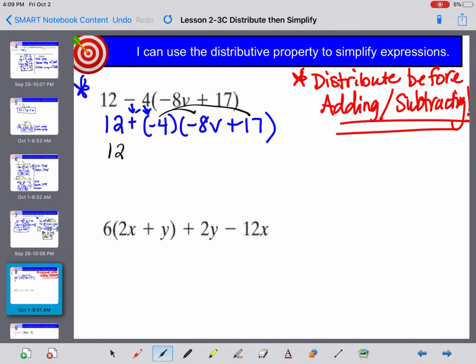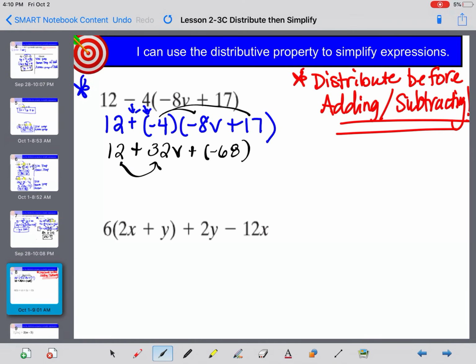Okay, so 12 plus a -4 times a -8 is positive 32v. -4 times 17, let's see, 4 times 10 is 40. 4 times 7 is 28, so 68. So plus -68. Okay, now I see I've got some like terms.